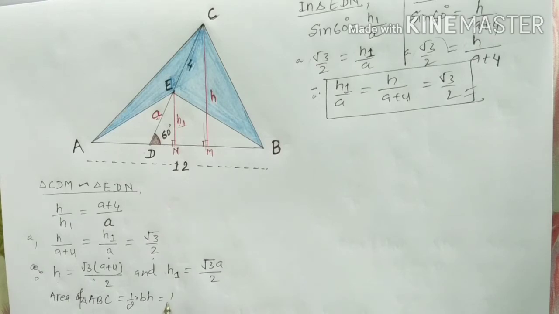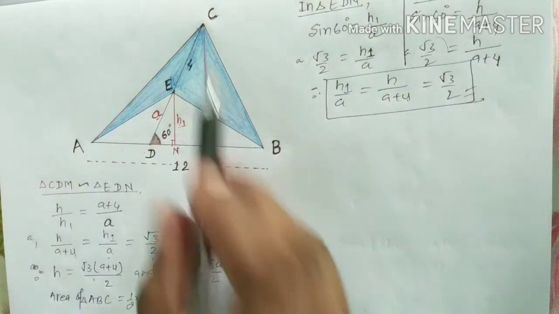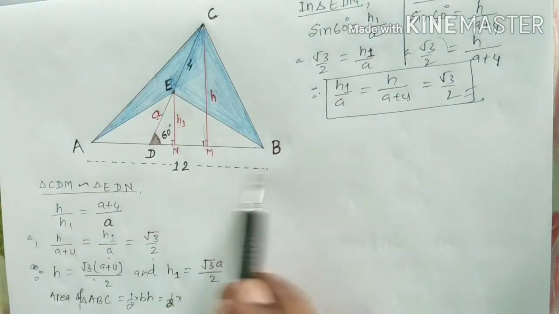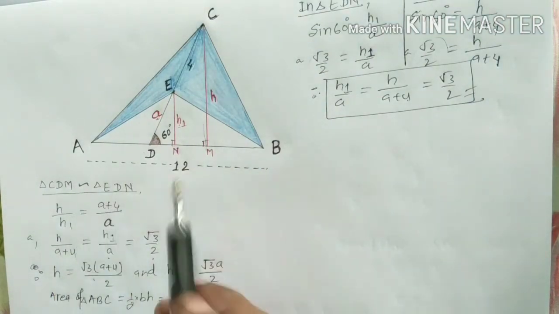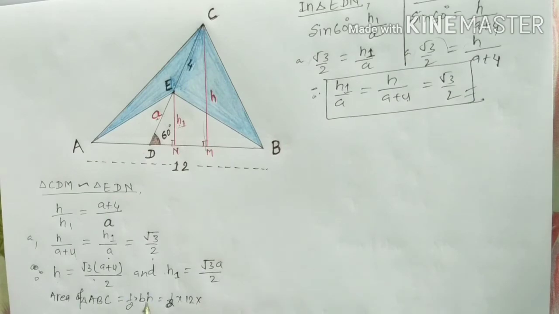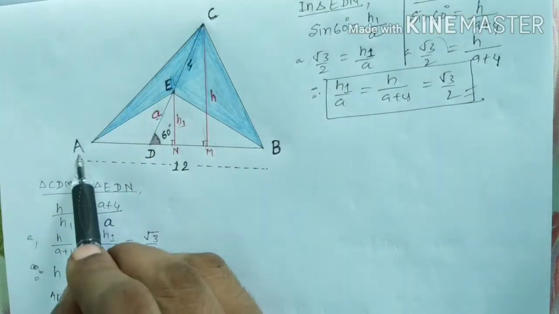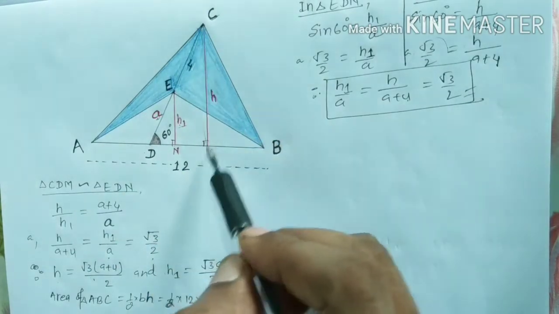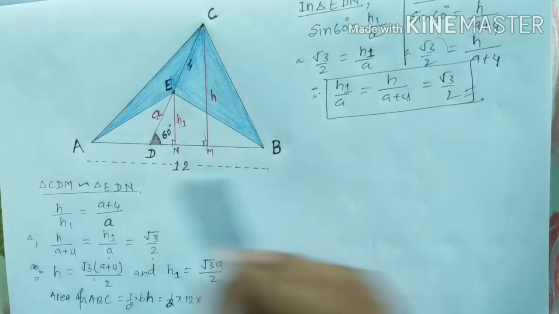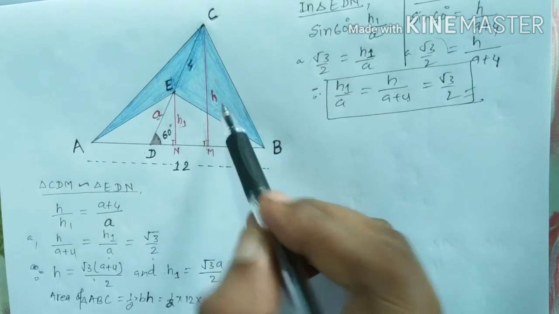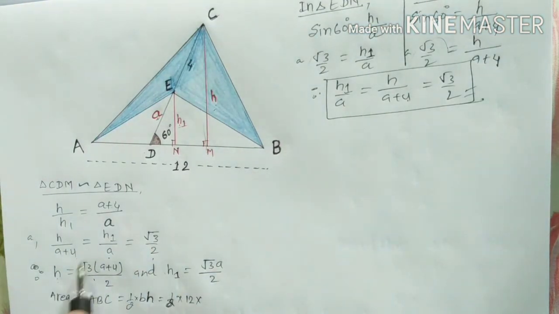So half is half, and the base: triangle ABC has a base here of 12, as you can see in the question. So base is 12 into height. Triangle ABC has a height h, and the value of h is root 3 times (a plus 4) by 2.